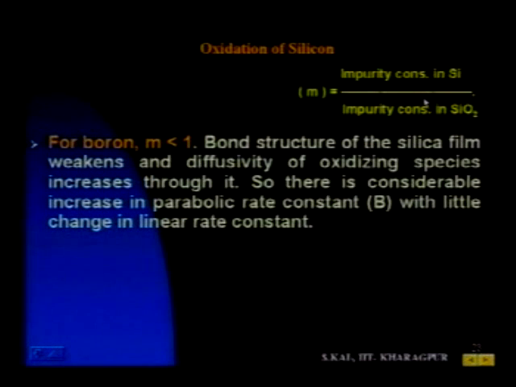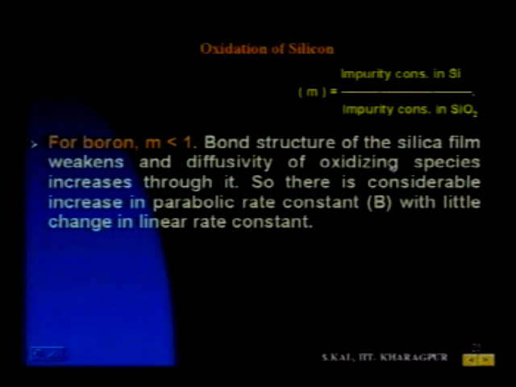As a result, the silicon dioxide bond structure weakens, and so the diffusivity of oxidizing species increases through it. And since the diffusivity changes, obviously oxide growth rate increases. And as it is decided by parabolic rate constant, B is dependent on the diffusion constant. That is the case with boron.